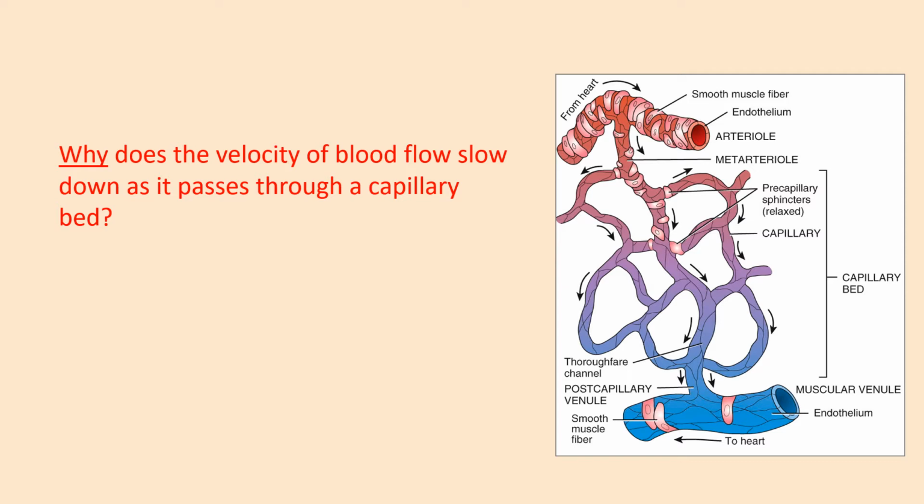Arterioles and venules have a larger diameter than capillaries. There is less what's known as vascular resistance in an arteriole, a larger diameter vessel, less vascular resistance in a venule, also a larger diameter vessel, and there's greater vascular resistance in a capillary, which is a smaller diameter vessel.